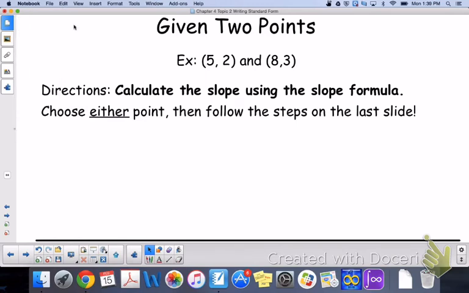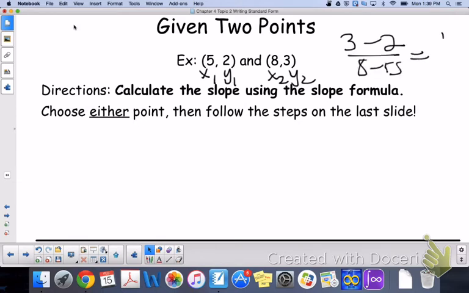So now, if we are given 2 points, we basically do the same thing that we did today in class. When you're given 2 points to write in point slope, you first need to find the slope. So we are going to find the slope: y2 minus y1 over x2 minus x1.